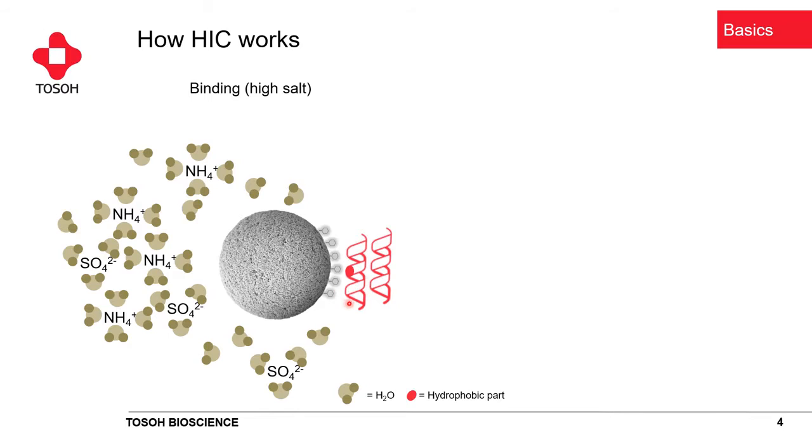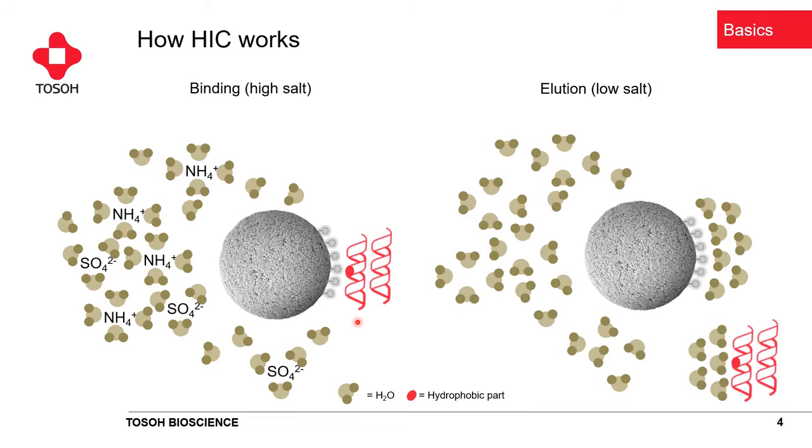That gives us the accessibility and the interaction between the hydrophobic parts of the stationary phase and our molecule of interest. Now, if we take away all of those salt ions, we in contrast have a lot of water there, which can solvate our molecules. We don't have the hydrophobic parts accessible anymore, which means we have elution from our column and separation by hydrophobicity, meaning the less hydrophobic molecules will elute earlier than the more hydrophobic ones.